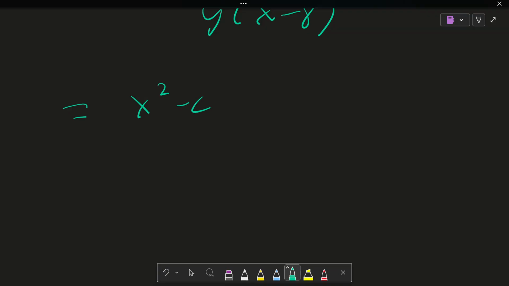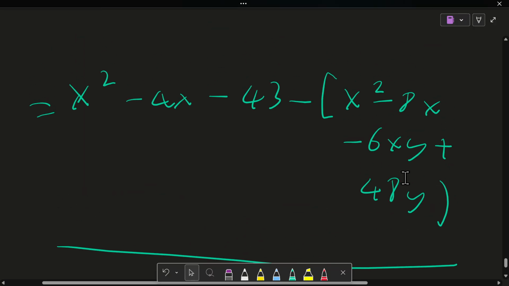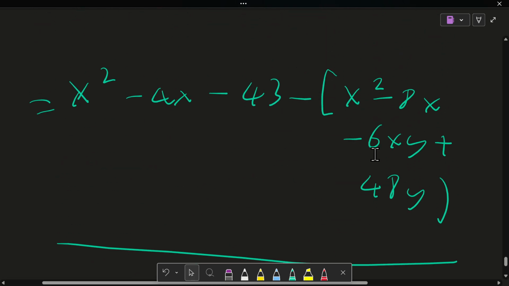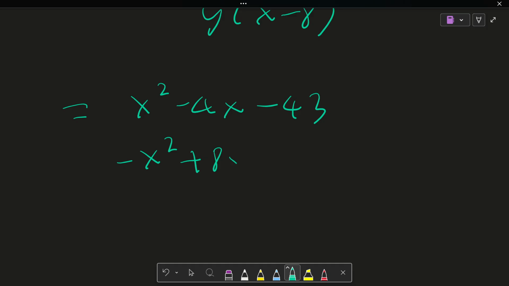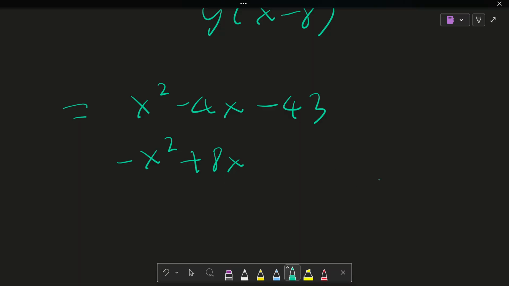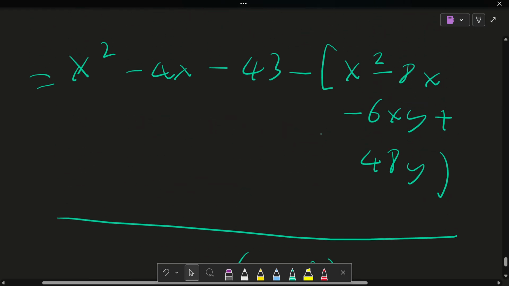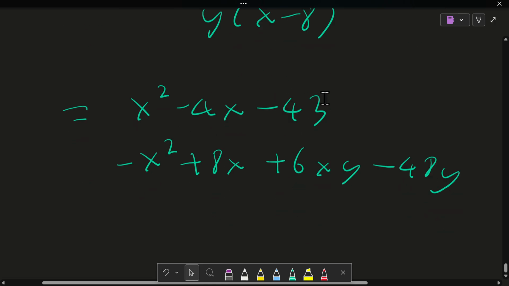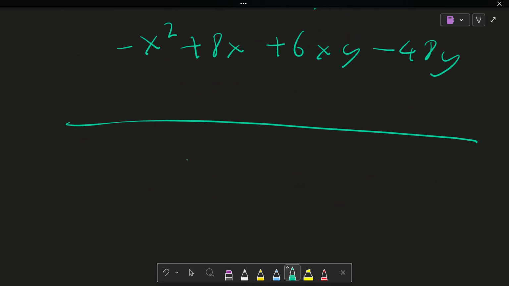And this one will give you x squared minus 4x minus 43, minus x squared plus 8x, plus 6xy minus 48y, over y times x minus 8.